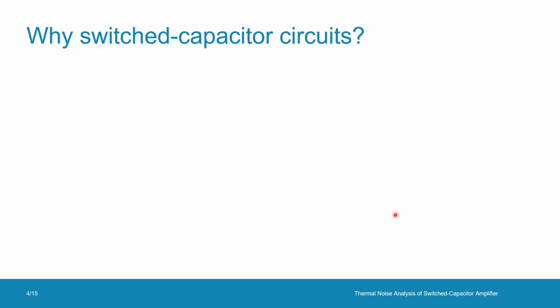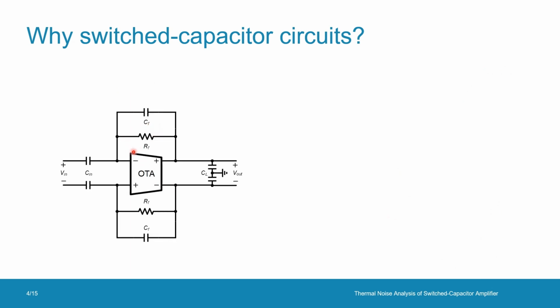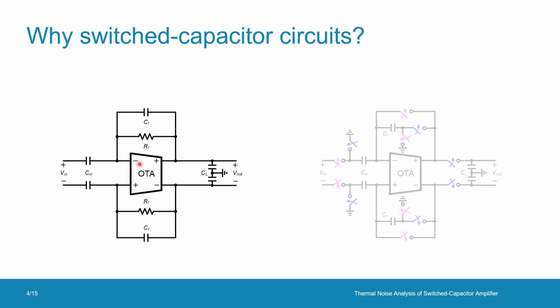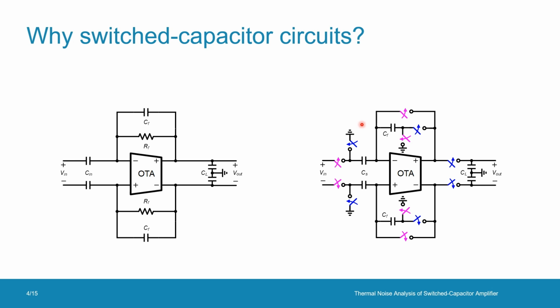So instead of using large resistors, we need to find another way around to set the OTA input DC bias voltage. And that's how switched capacitor circuit comes into play. Essentially, it's a two-phase system.